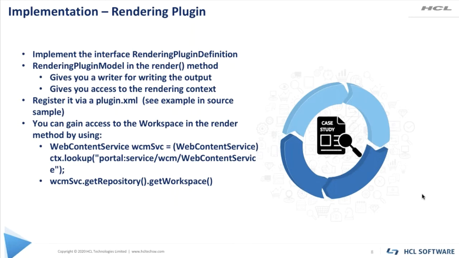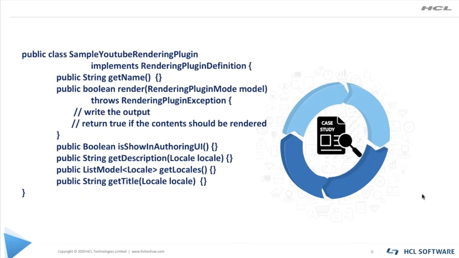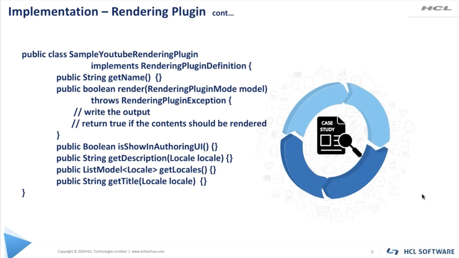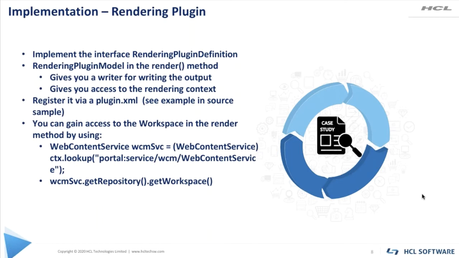Next, we have to write our own plugin.xml, which will be used for registering our plugin. Another thing is that we can gain workspace access inside our rendering plugin by doing a lookup on our WCM content service and from the context, then get our repository, and then get our workspace, which returns the current workspace we are in.